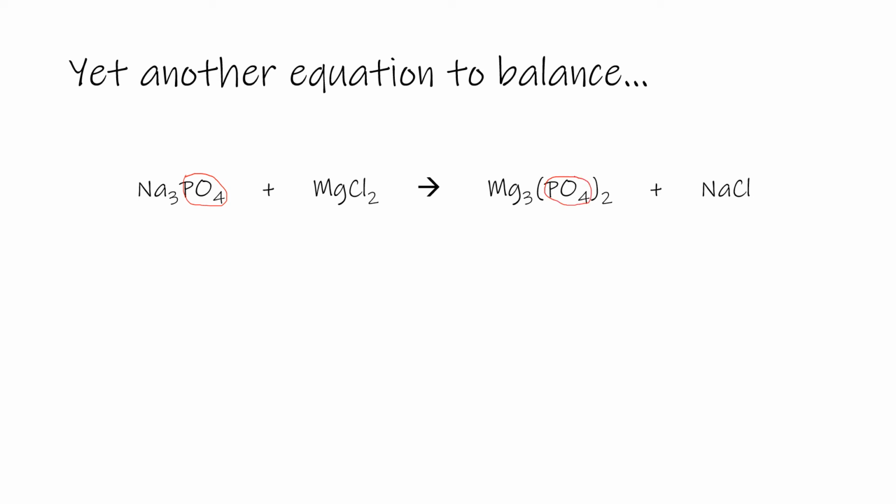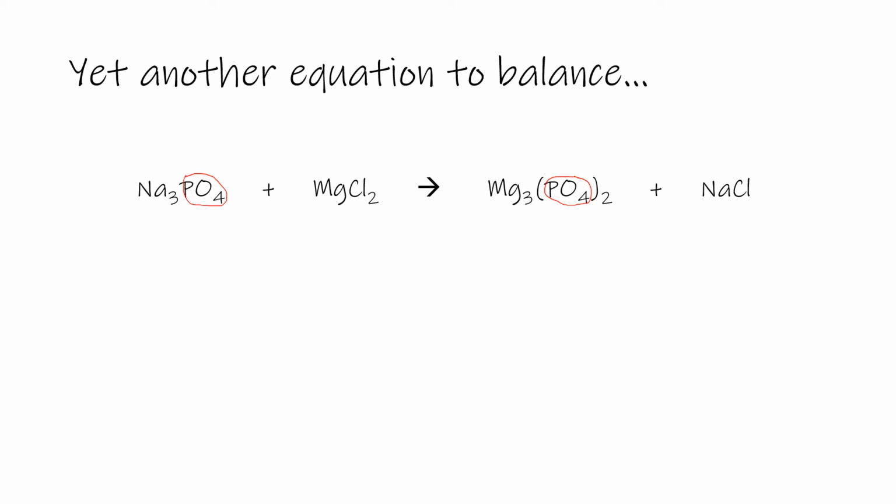When we balance our equation, if you have a polyatomic ion that is intact on both sides of the equation, so it didn't decompose or turn into anything else, we can treat that as a unit and balance how many phosphates we have on the product side versus on the reactant side, instead of balancing oxygen separately from the phosphorus.